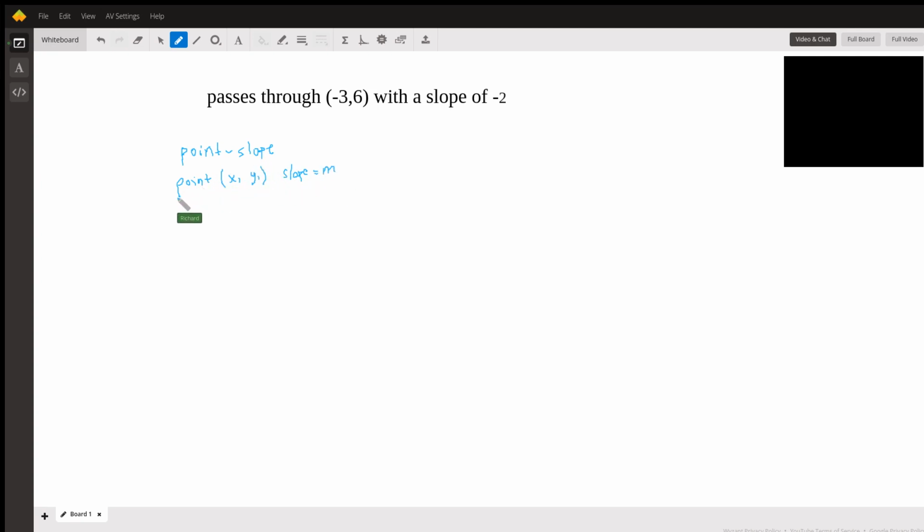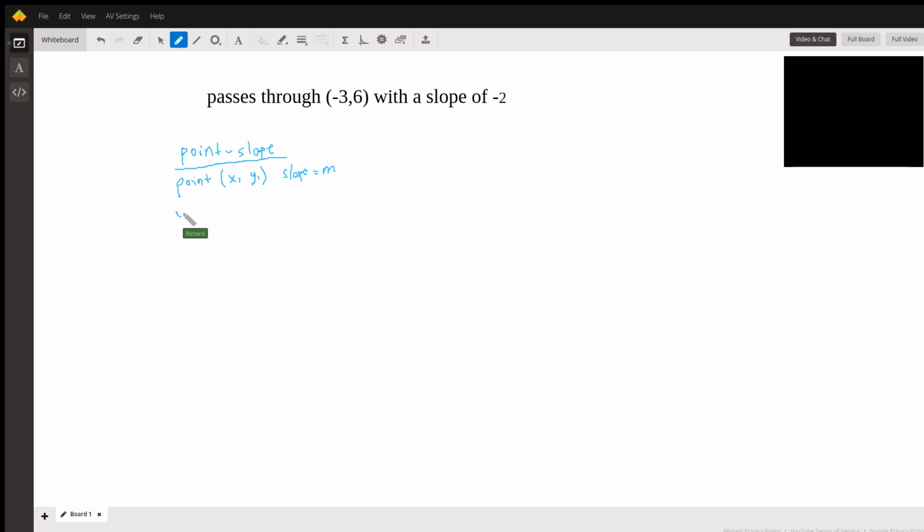If you're given these two things, you could write the equation of a line in a single step. And this is why the point slope form is so attractive to use, because it's just a one-step approach.